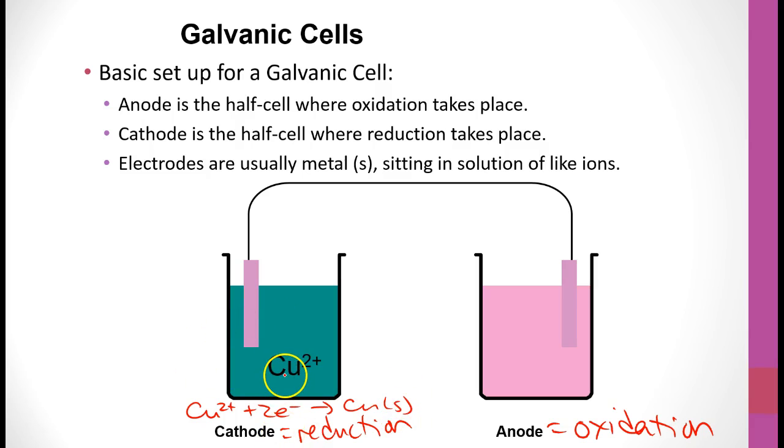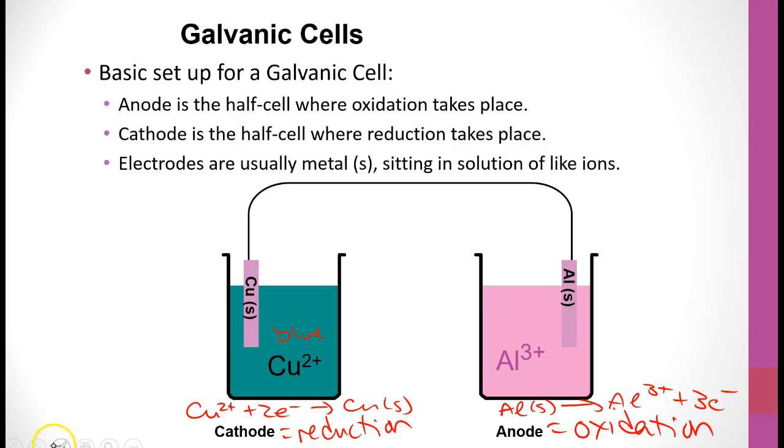And inside here I would have Cu2+, probably a blue solution, and a chunk of copper sitting right there. Over here, in the oxidation, I have solid aluminum changing into aluminum 3+ plus 3 electrons. My aluminum 3+ is sitting in solution, and then I have chunks of the metal sitting there. And that's how you set up a galvanic cell.